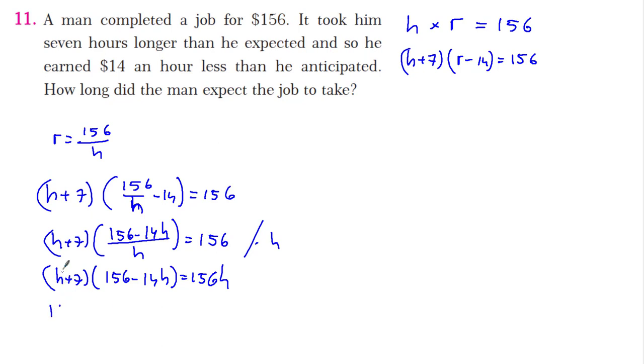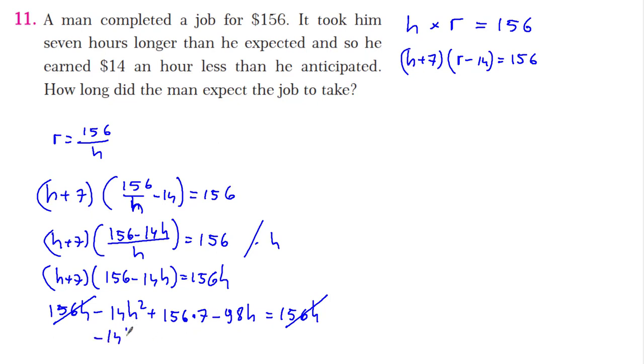And if you multiply here h times 156, you get 156h minus 14h squared plus 156 times 7 minus 7 times 14, which is 98h, equals 156h. 156h and 156h cancel out.